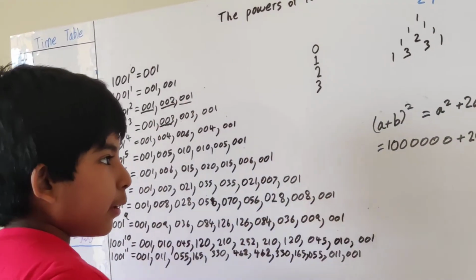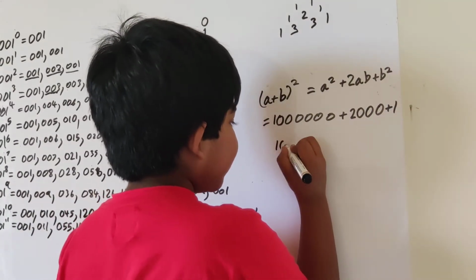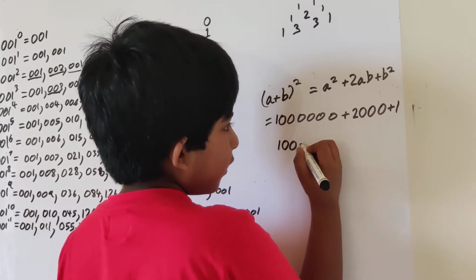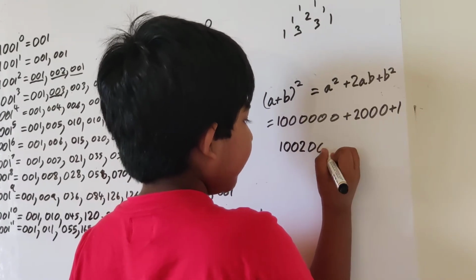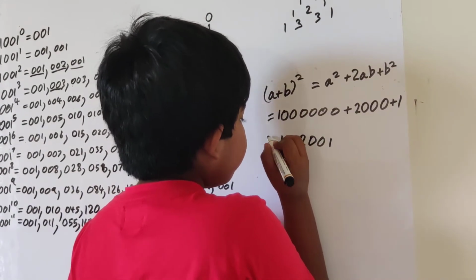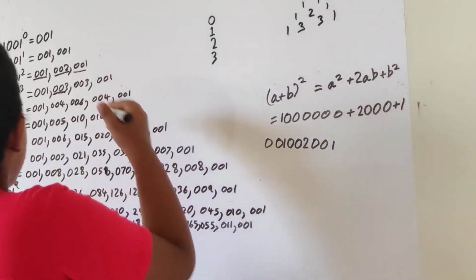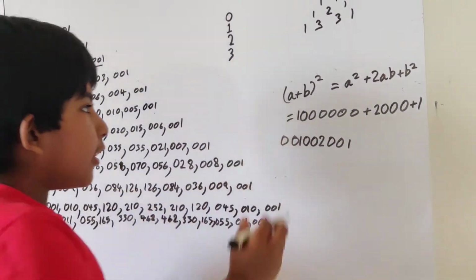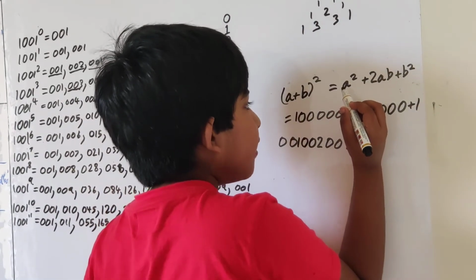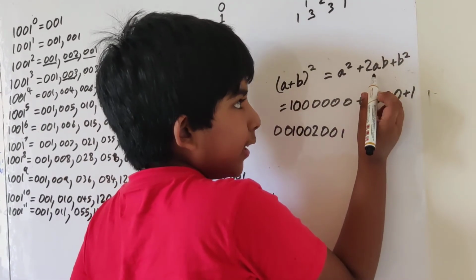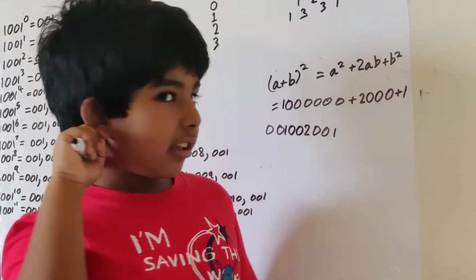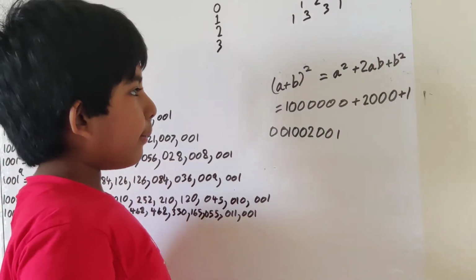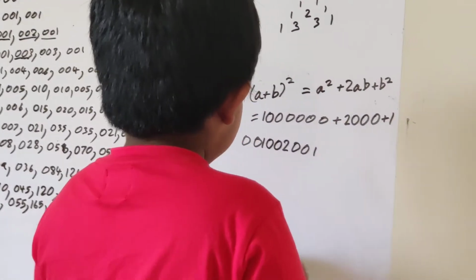So we get this because of the 1,000,000, and then we also had a 2,000 coming here, and then we keep the 1, followed by no zeros. So we get this pattern which leads to Pascal's triangle.